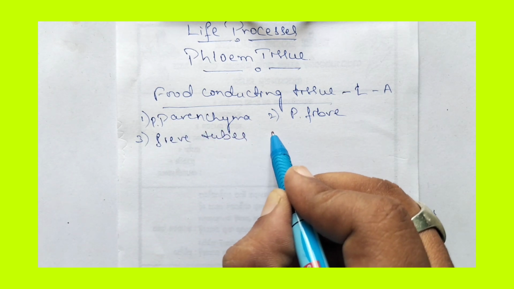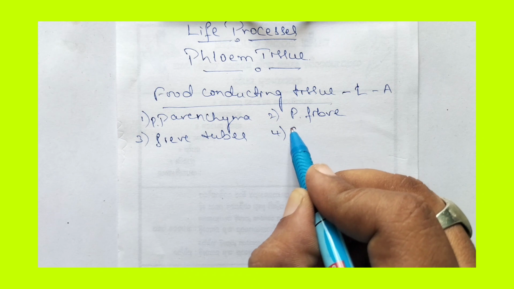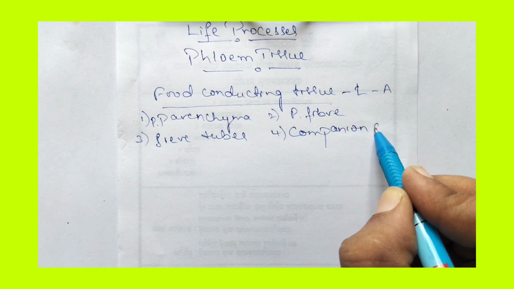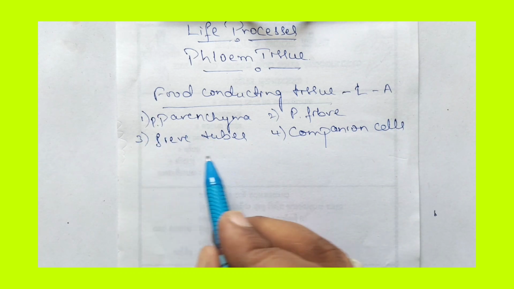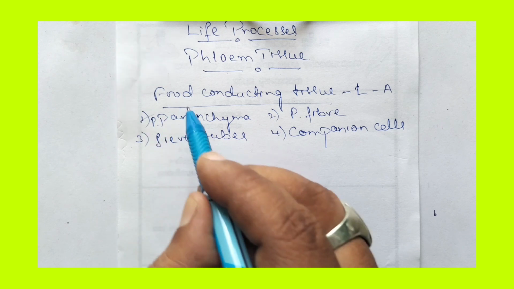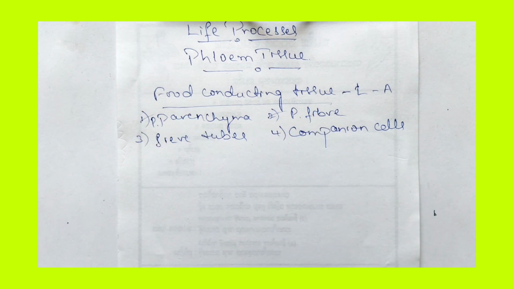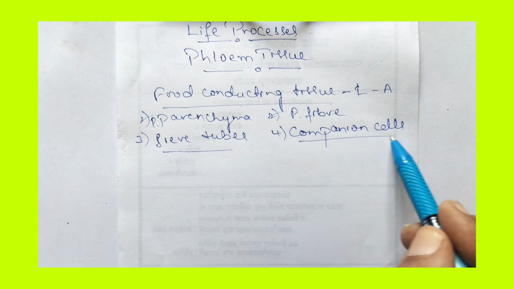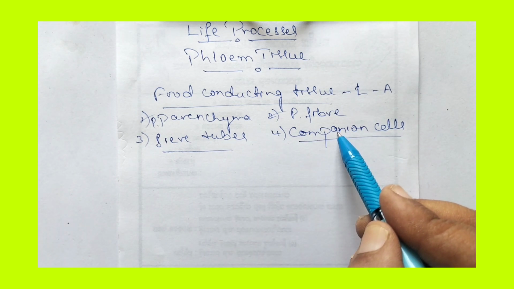And the fourth is companion cells. These we have already studied in 9th standard. So there is no need to study phloem parenchyma and phloem fiber, but we have to study sieve tubes and companion cells. What are companion cells?